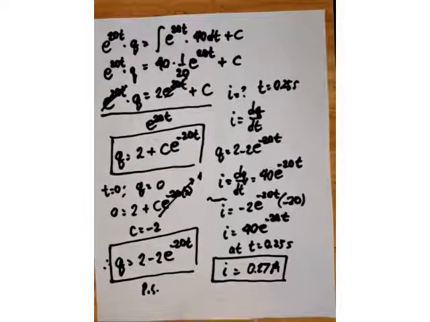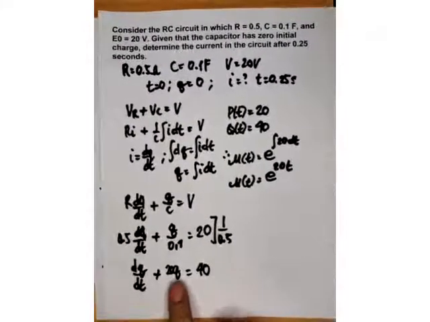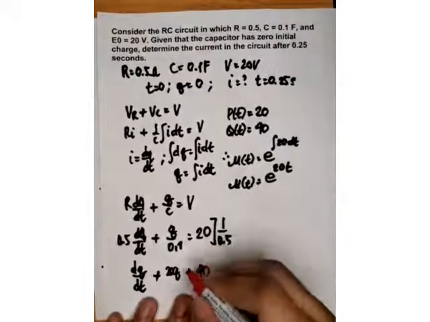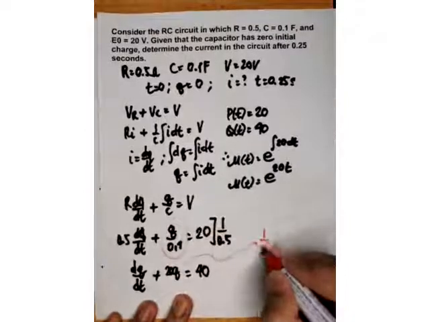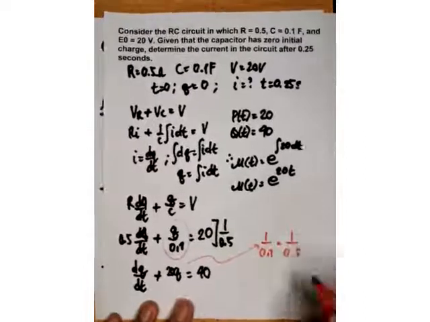Okay, may question? Saan makuha yung 20Q? Ito? So this is from dito. 1 over 0.1 times 1 over 0.5.